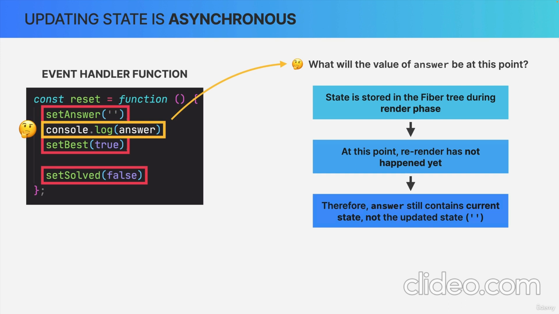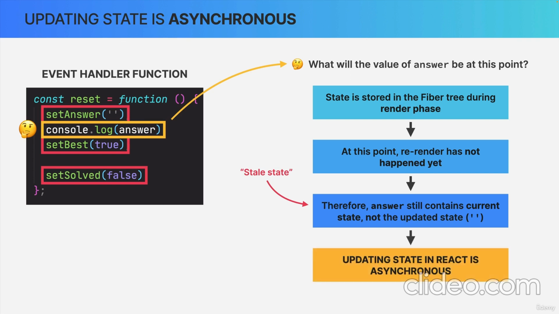So at this point, we say that our state is stale, meaning that the state is no longer fresh and updated. Because, in fact, a state update will only be reflected in the state variable after the re-render. And so for this reason, we say that updating state in React is asynchronous.